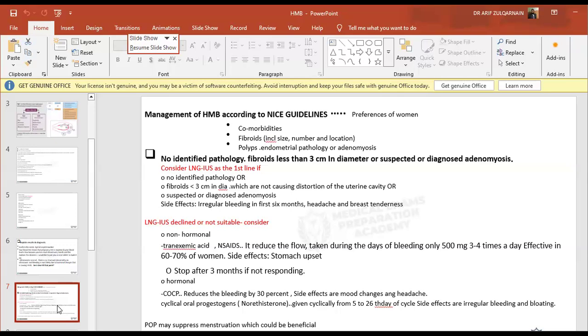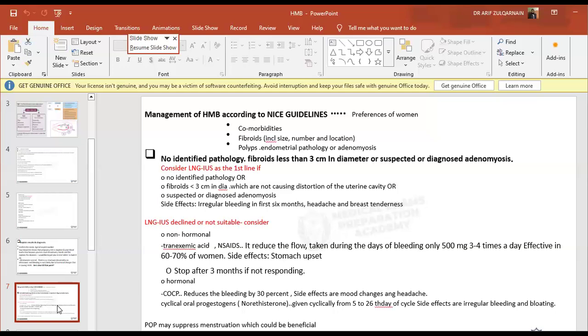Okay. So with each option, we will tell the pros and the cons. We will tell the advantage and the disadvantage. And if there is no response, then we will move to the next option. Then among the hormonal options are combined oral contraceptive pills. They reduce the bleeding by 30%, and side effects are mood changes and headache.